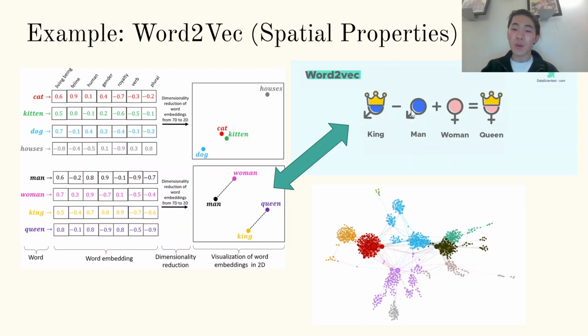And now you can do maths where you say, okay, king minus man plus woman is queen, right? This makes sense because a queen is a woman who has properties similar to a king, but you take away the male part. This makes sense in an intuitive way.